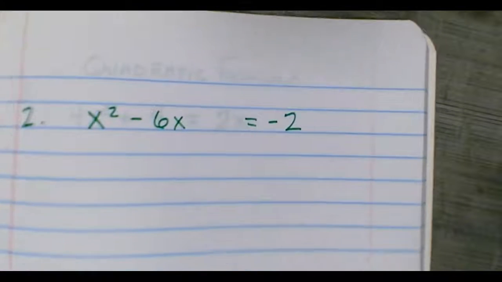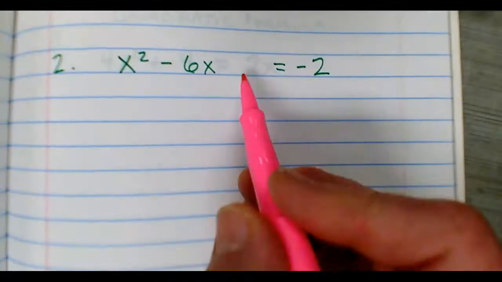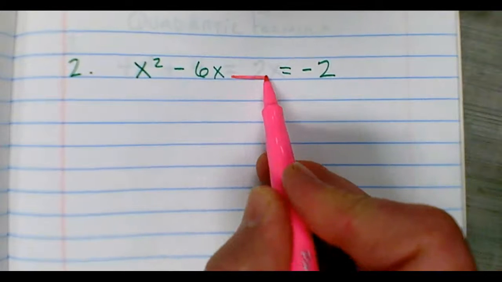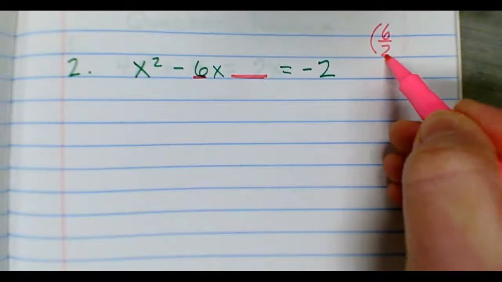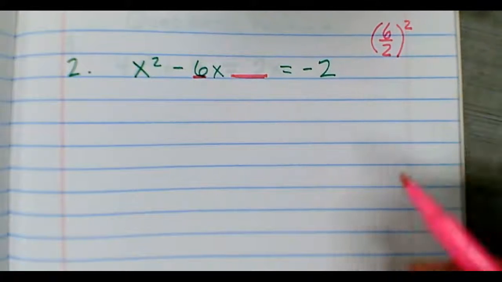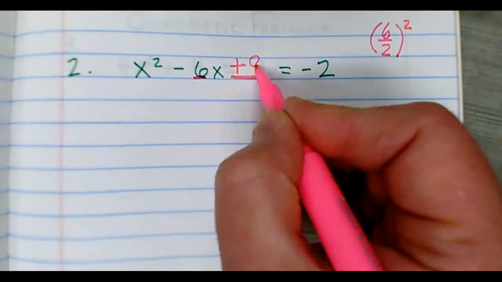On our next example, we're already set up in the correct form to complete the square. So I need to figure out my perfect square number. So 6 divided by 2 and square it. 6 divided by 2 is 3, and 3 squared is 9.